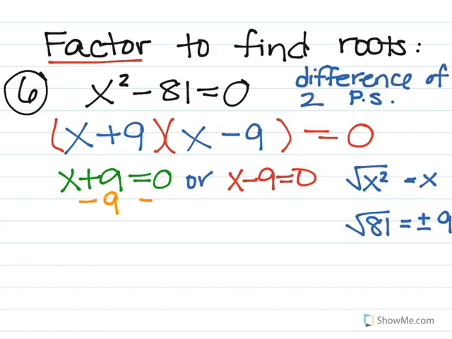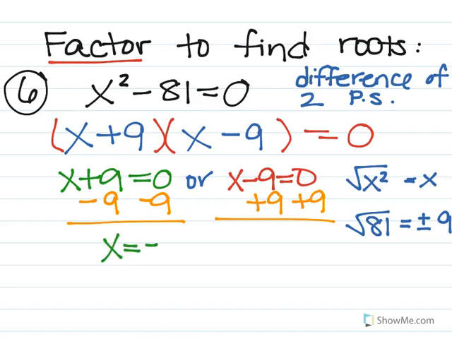So both of these will be one-step equations, where in one step we would subtract 9, in the other equation we would be adding 9. And so our answers will turn into x equals negative 9 or x equals positive 9.